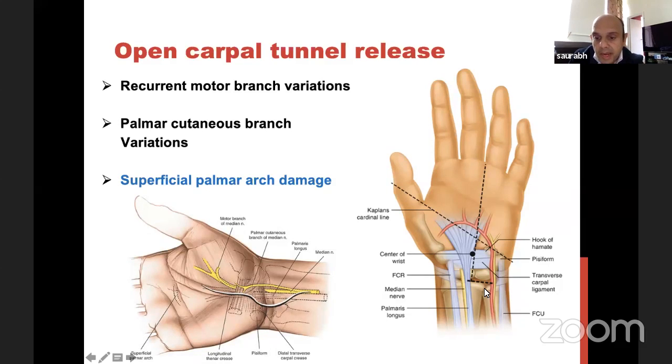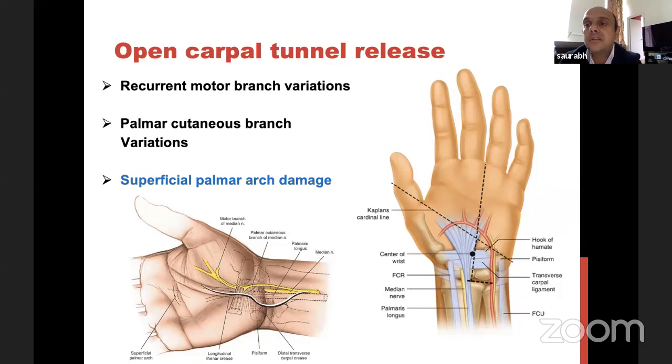Now, if I bring you back to this picture, so this is where we are incising the ligament. The median nerve is here. The palmar cutaneous branch is given off radially, and then it supplies the thenar eminence. So if you're cutting your ligament in line with the ring finger radial border, you save your palmar cutaneous branch, because you can't see it when you're doing your carpal tunnel decompression.